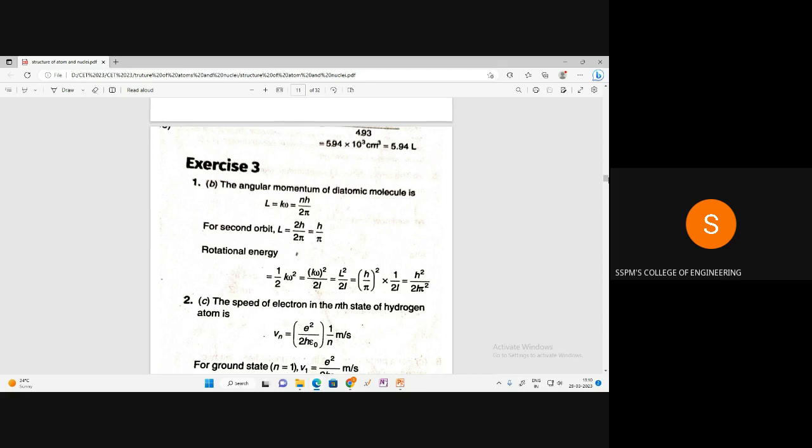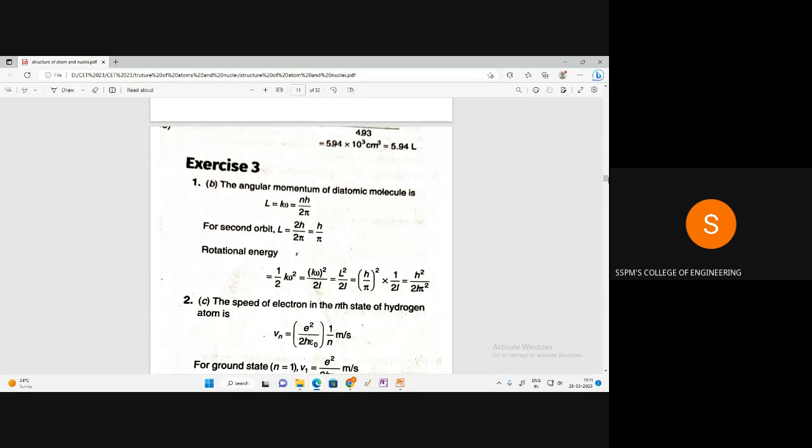Rotational energy is half I omega square, which is I squared omega square upon 2I, equals L square upon 2I, equals h square upon pi square into 1 upon 2I.